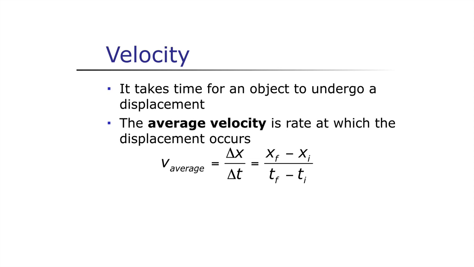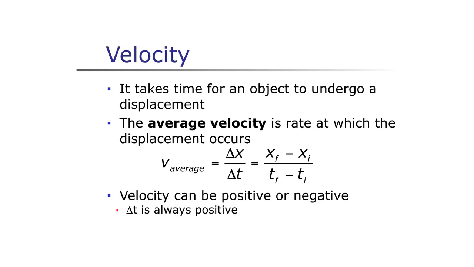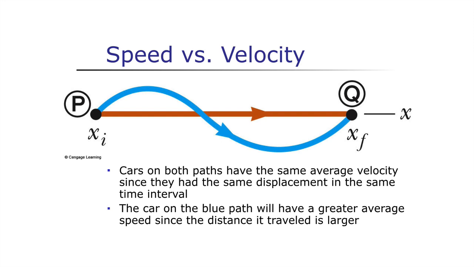It is a vector quantity, and it can be positive or negative. A positive velocity means the object is moving in the positive x direction or along the positive y direction. Negative velocity means the object is moving in the negative x direction or in the negative y direction. The SI unit of velocity is meter per second, like the SI unit of speed.